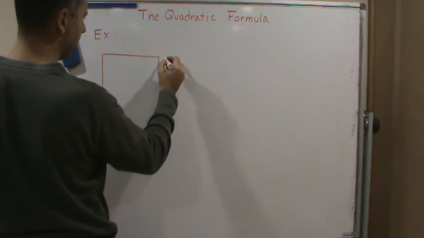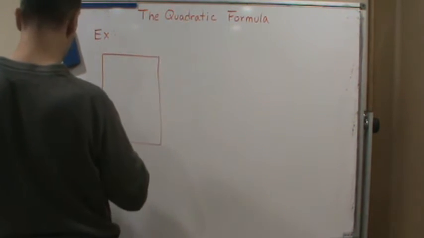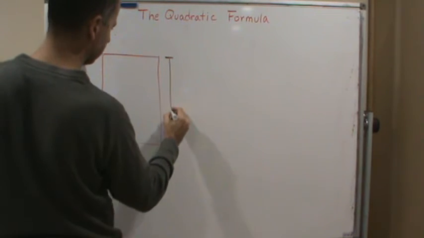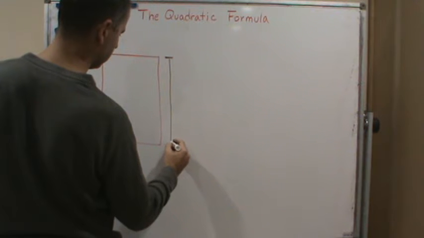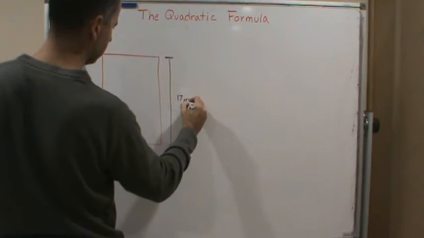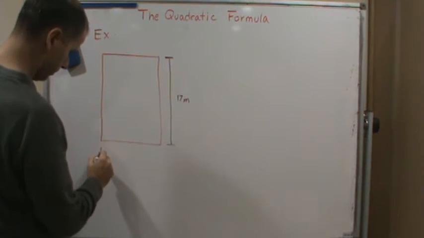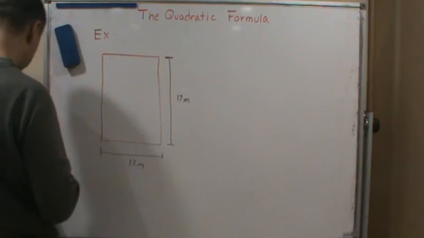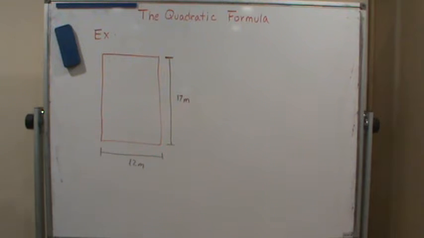So it's 17 by 12 meters. Okay, that's the rectangular area.